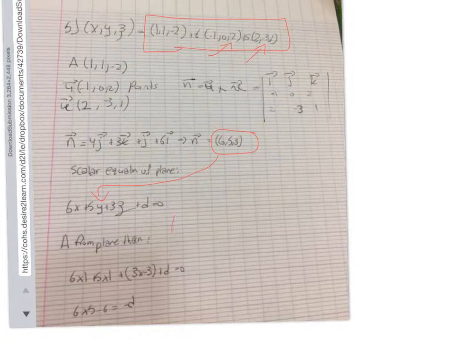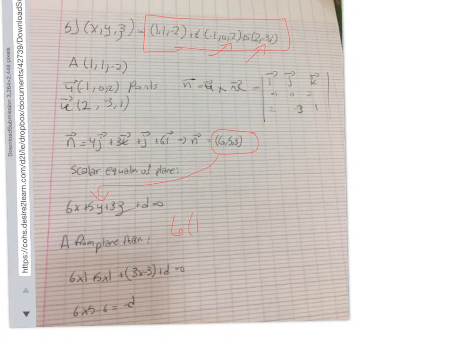If you have 6x, then I'm assuming that you're putting in, I'm not sure which point you were putting in, because A is (1, 1, -2). That's the point that you should be putting into your equation.